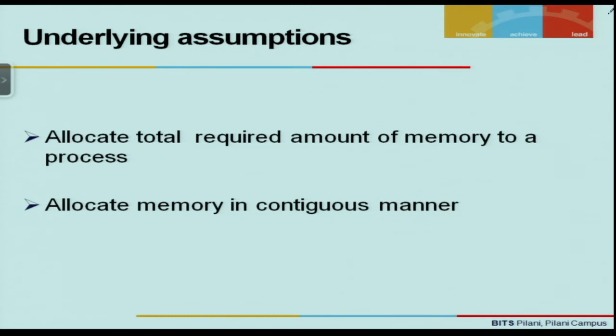In other words, if there is a process of size 100 megabytes, we would need to allocate 100 megabytes of memory. And the second restriction, rather than assumption, which is being made is that the complete 100 megabytes of memory is to be allocated in a contiguous manner.